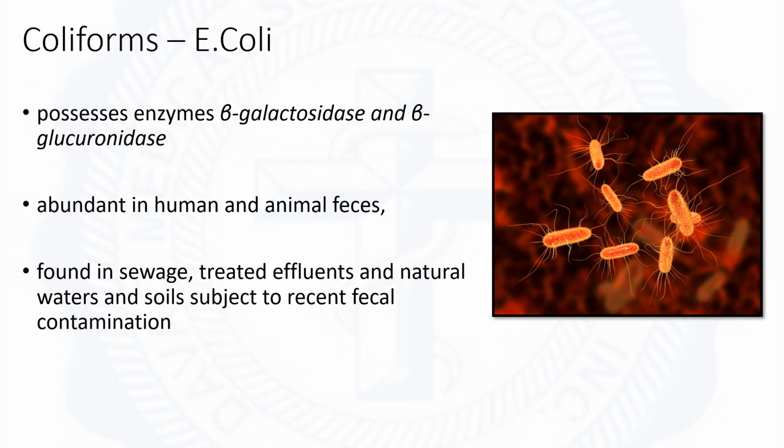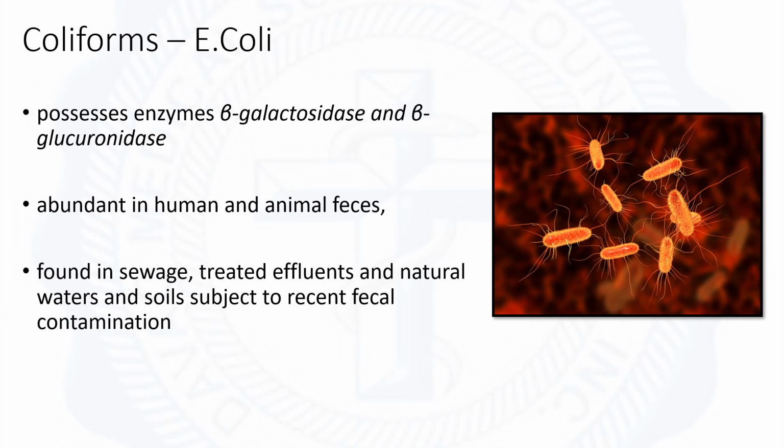E. coli is a member of the family Enterobacteriaceae, and it is characterized by the presence of the enzymes beta-galactosidase and beta-glucuronidase. It is able to ferment lactose and mannitol, is able to produce acid and gas, and produces indole from tryptophan.